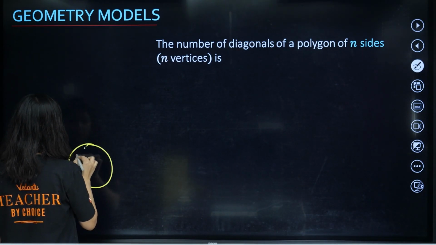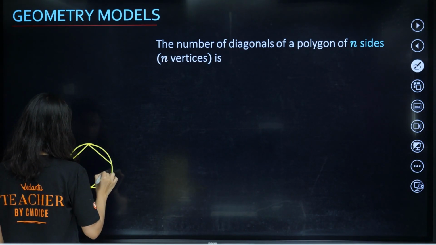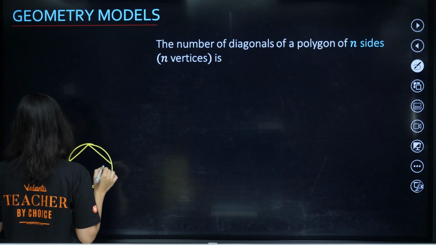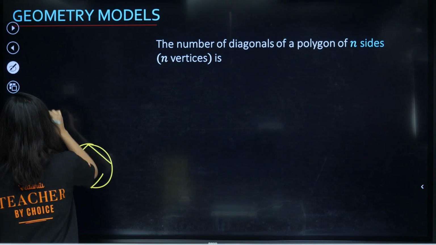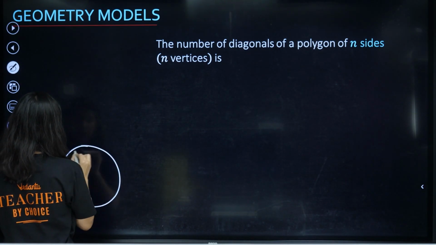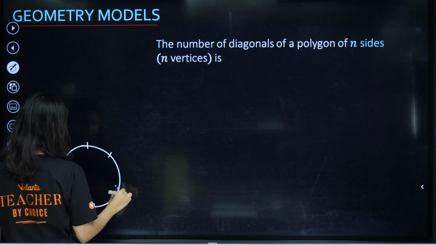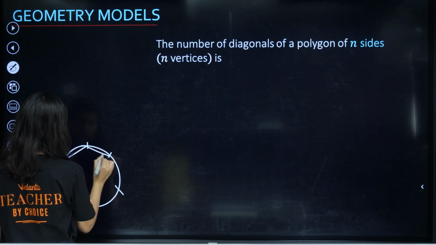Suppose you are here to form a hexagon. Hexagon looks like this. On a circle you have to take 1, 2, 3, 4, 5, 6. So this is your hexagon.